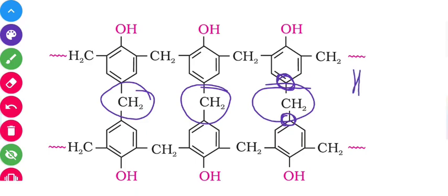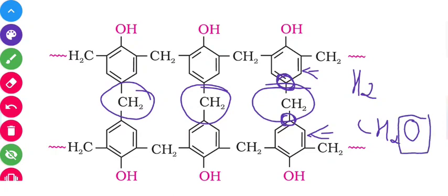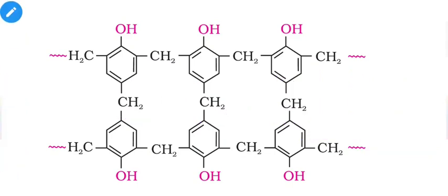That means H2 will be removed from the top cycle and bottom cycle, and the formaldehyde molecule, which contains CH2O, that means HCHO, will release its double bonded oxygen. So H2O will be removed when two Novolac chains are connected with the help of a formaldehyde molecule, and CH2 will be present in between. That means top and bottom cycles are connected via CH2 groups. Okay, so that's how you will get bakelite.